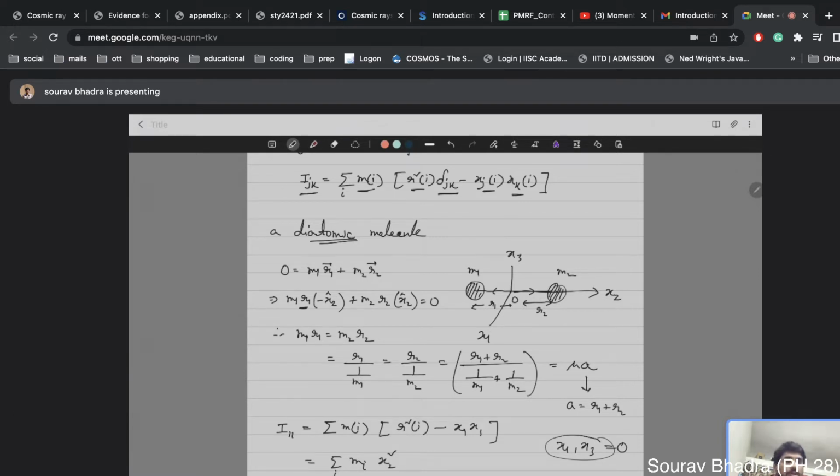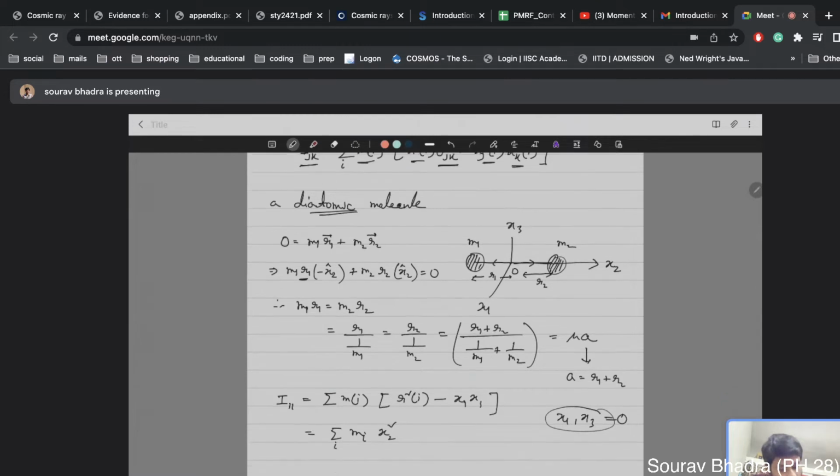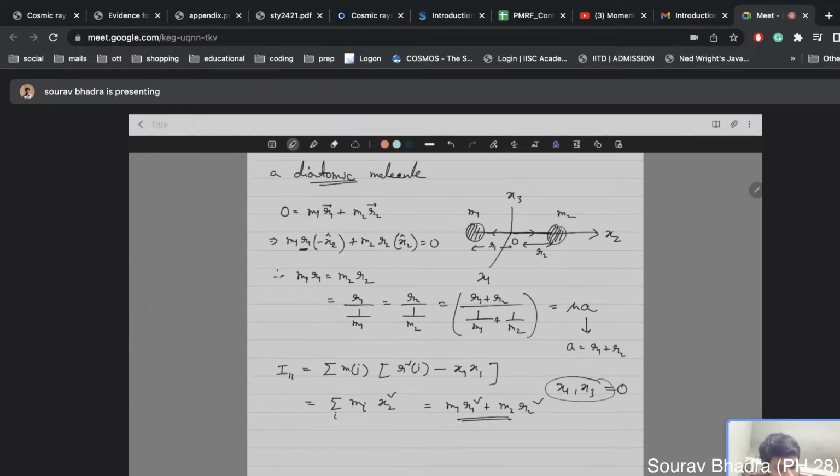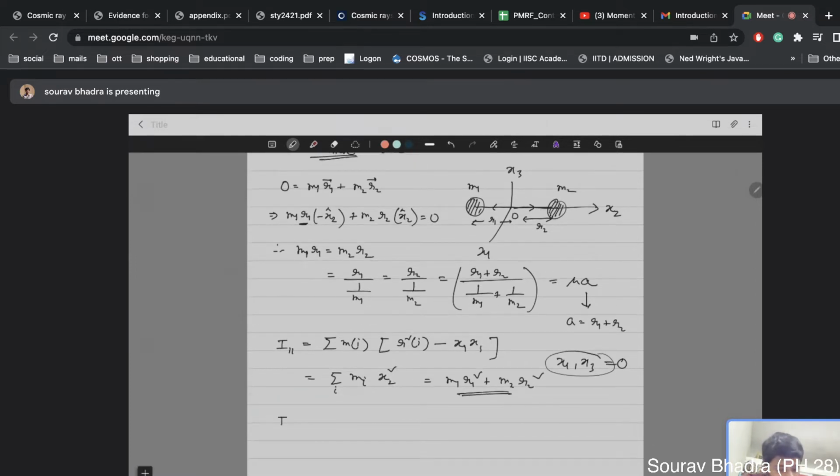The only non-zero coordinate is x2. So we can write this as m1 r1 squared plus m2 r2 squared. This is the 1 component of the inertia tensor, I11. Similarly, if you now calculate I22, that is Iyy, then your r squared is always x2 squared.